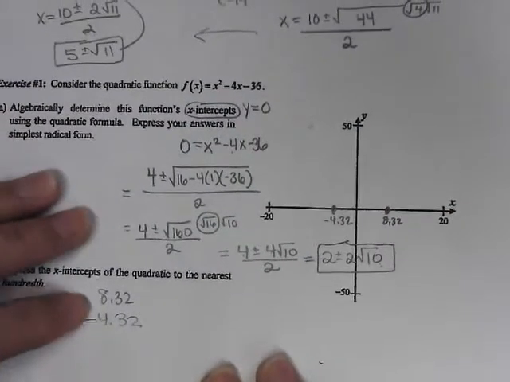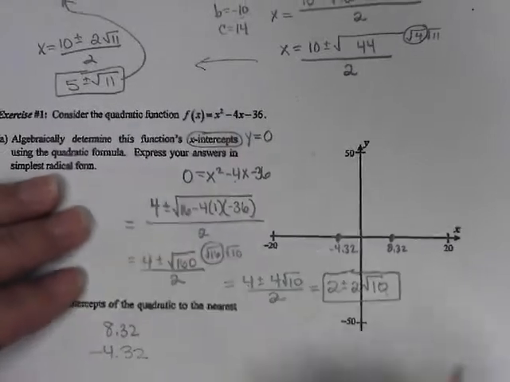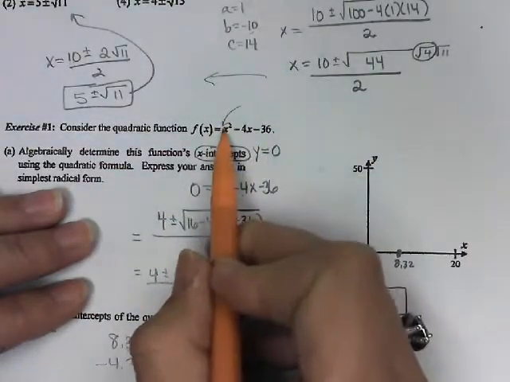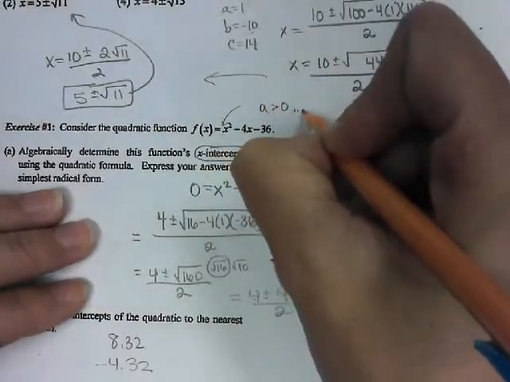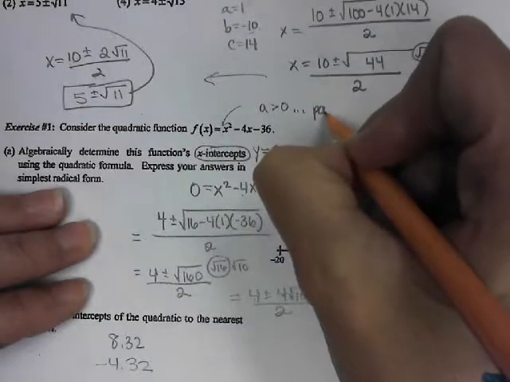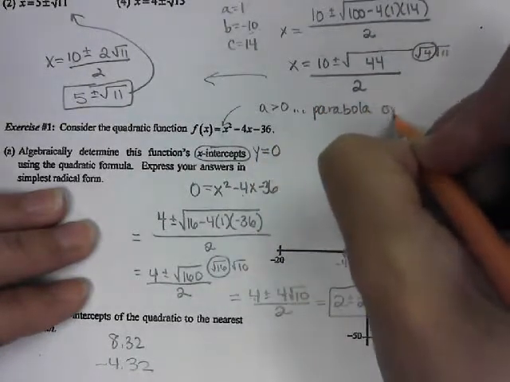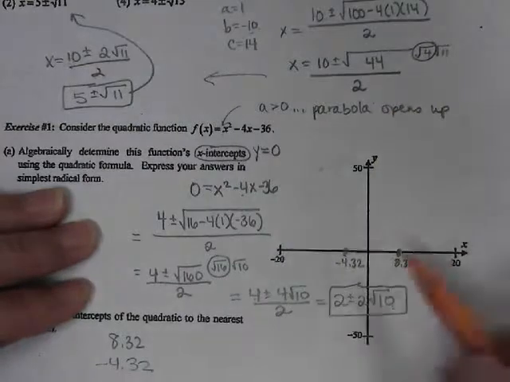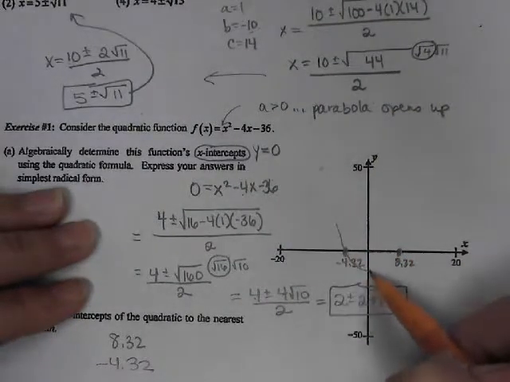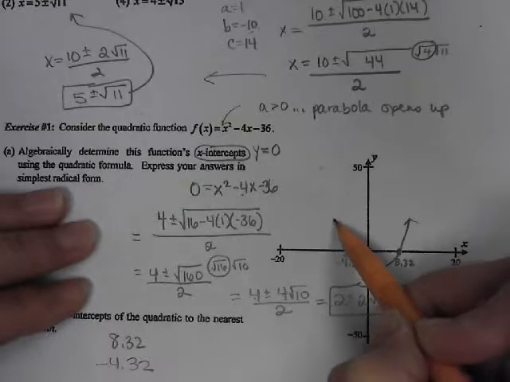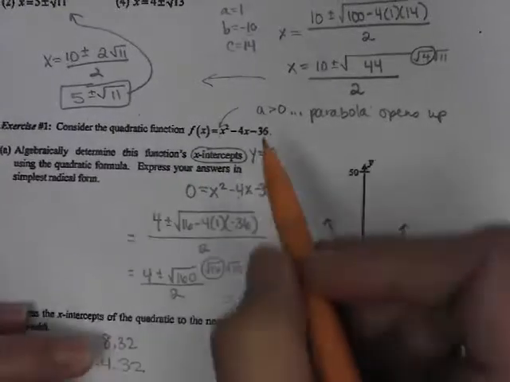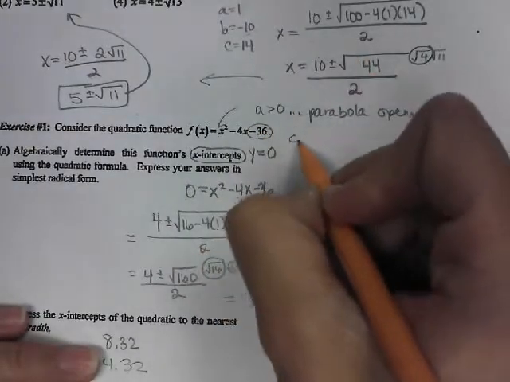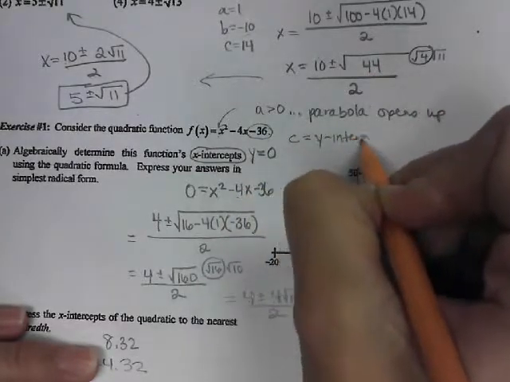And what we need to remember about parabolas that we learned in Algebra 1 is that if the a value, in this case 1, if the a is positive, if a is greater than 0, then the parabola opens up. So our parabola is going to do something like that and go through those 2 points. Okay? And what we also need to remember is our c value is our y-intercept.